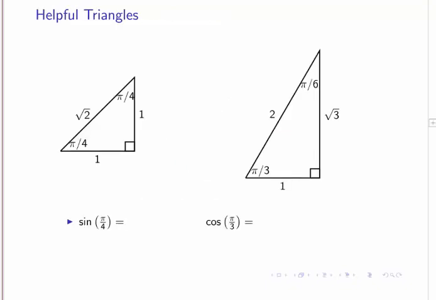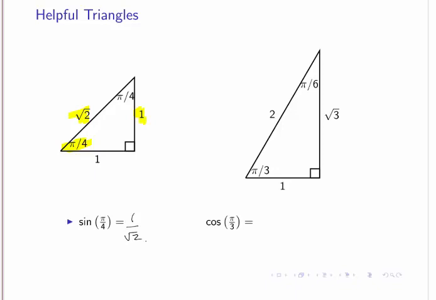There's a couple of helpful triangles we can use to help us calculate sines, cosines, and tans of angles. The one on the left is a pi over 4 right angle triangle. If, for example, we wanted to look at the sine of pi over 4, we take the opposite, divide by the hypotenuse, and this would give us 1 over the square root of 2.